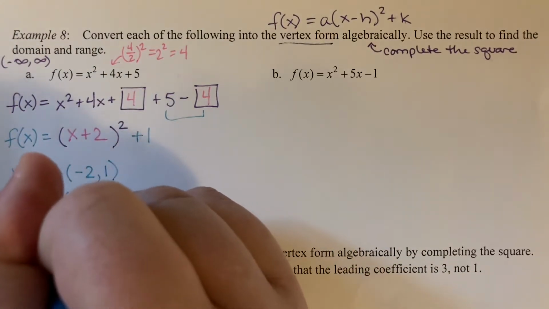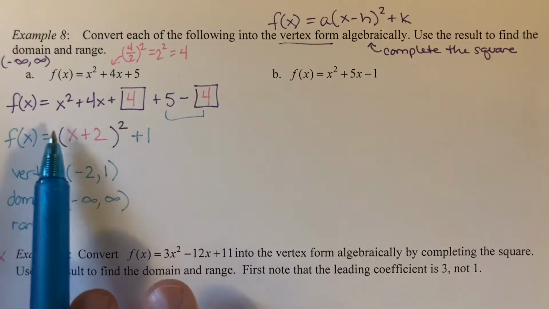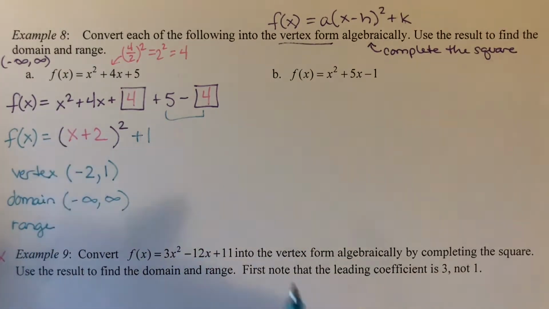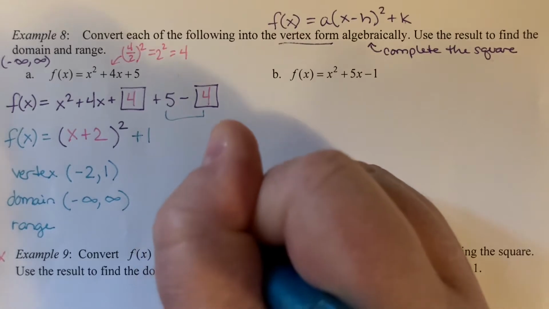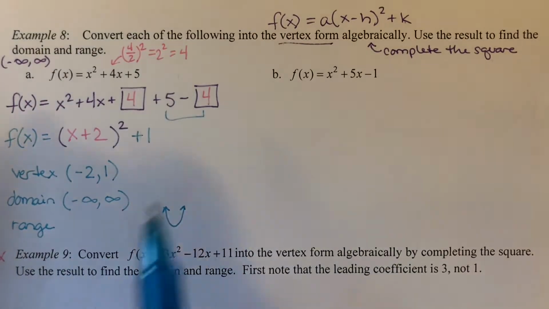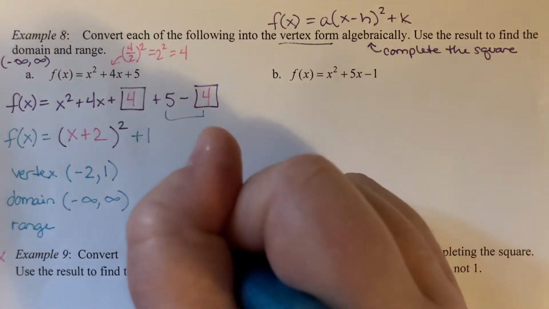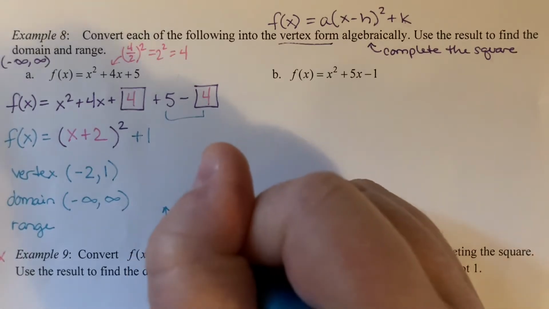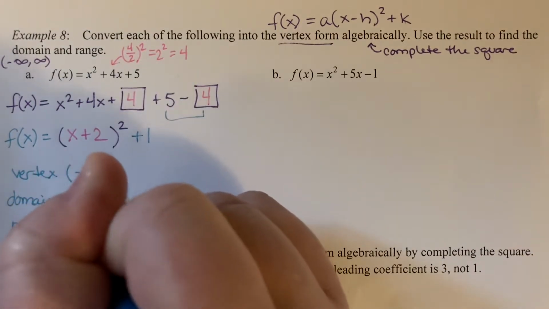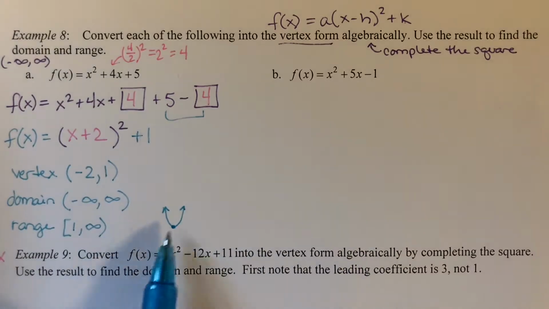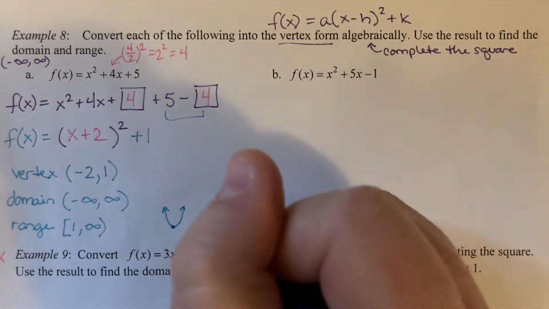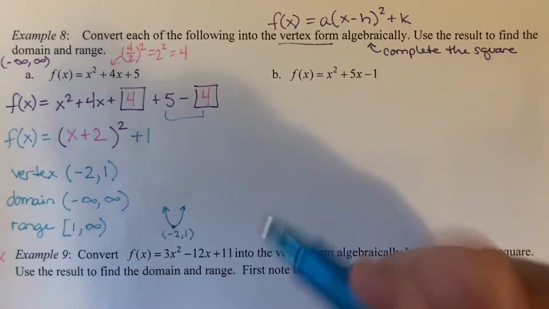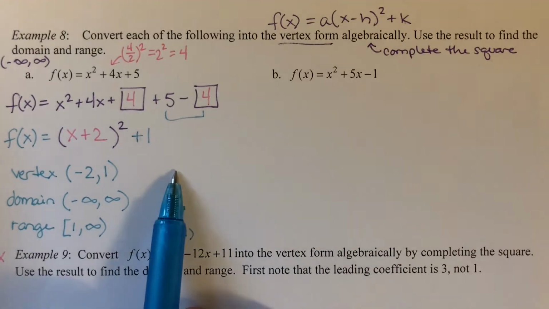But the range, we got to make sure, depends on the sign of a. If a is positive, it's an upward facing parabola. If a was negative, it'd be reversed. So it goes from the y value of the vertex to infinity. All right, the lowest point is negative 2, 1. So the lowest y can be is 1, and then up to infinity.